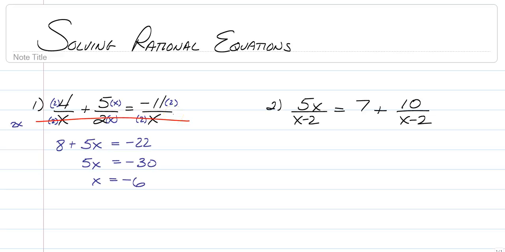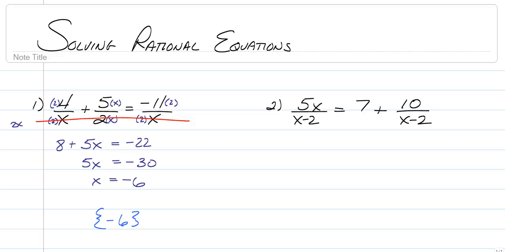That's perfect. But sometimes, for example, what if we got x equals 0? We can't divide by 0, so we would not be allowed to use 0 in the denominator. So once we're done checking, we want to write our answers in set notation. So this is negative 6, and we do not write an extraneous solution of nothing.